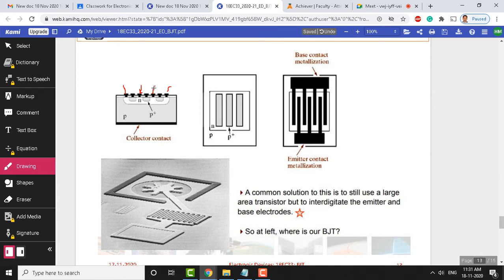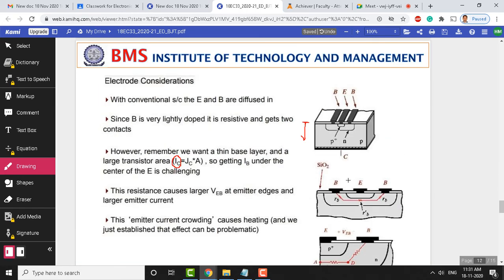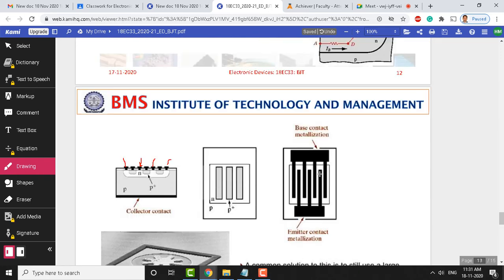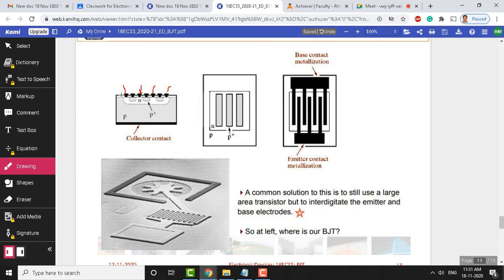Instead of one emitter and two bases as in a conventional transistor, we have an alternate design with multiple emitters and multiple base terminals. By doing that, injection happens at multiple places, so the resistance offered within the base region can be reduced, now that there are multiple bases.